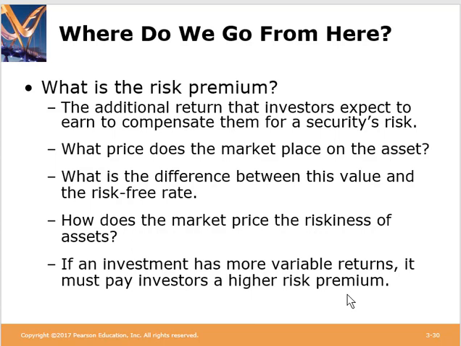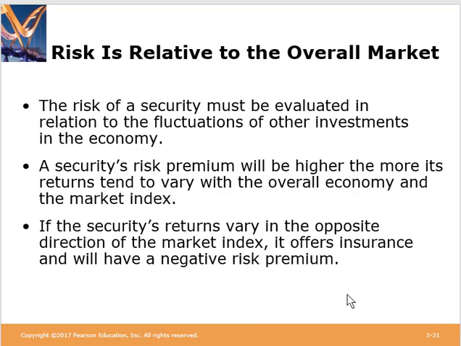If an investment has more variable returns, if there's more volatility inside the prediction model of predicting future cash flows, then investors are going to want to receive a higher risk premium. People need to be paid for taking risks. So the risk of a security must be evaluated in relation to the fluctuations of other investments.